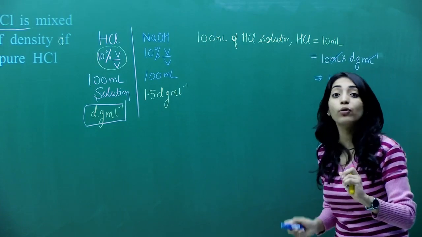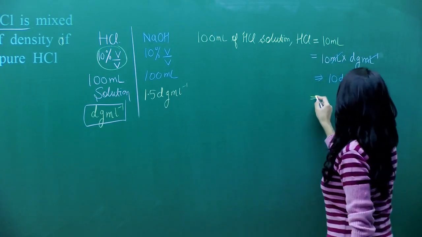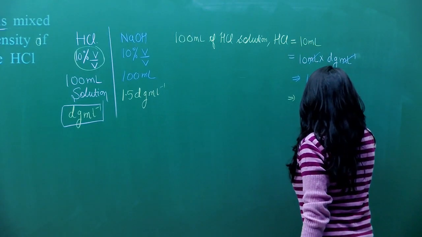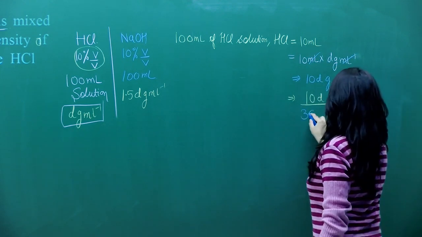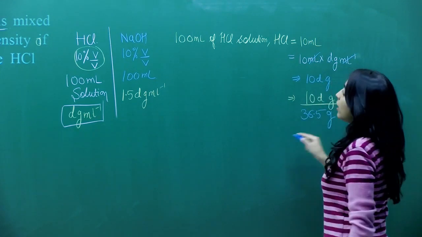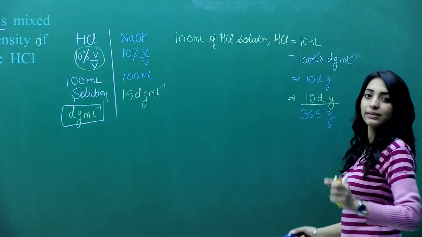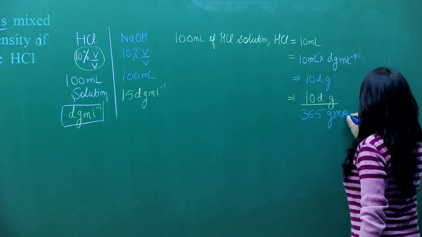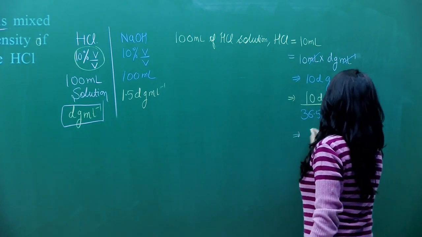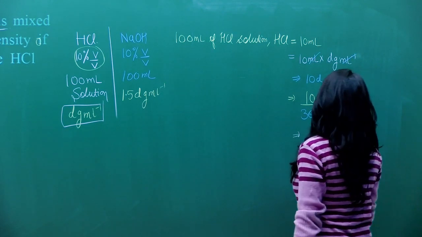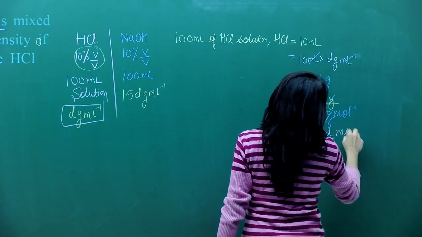Okay? But if I don't want to talk about grams, I am talking about moles. So what should I do? This is 10 d grams. I can simply divide it by 36.5. Why 36.5? Because hydrogen 1, chlorine 35.5, making it a total of 36.5 grams per mole. So gram will get cancelled and you will finally get the answer 10d divided by 36.5 moles.